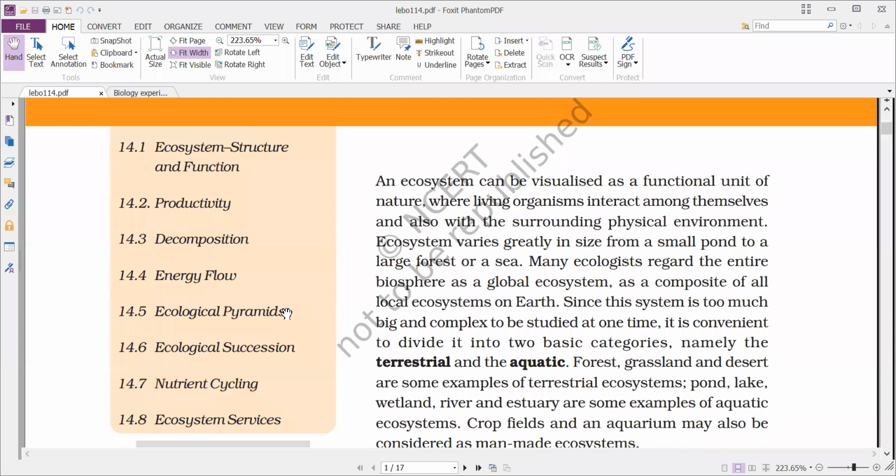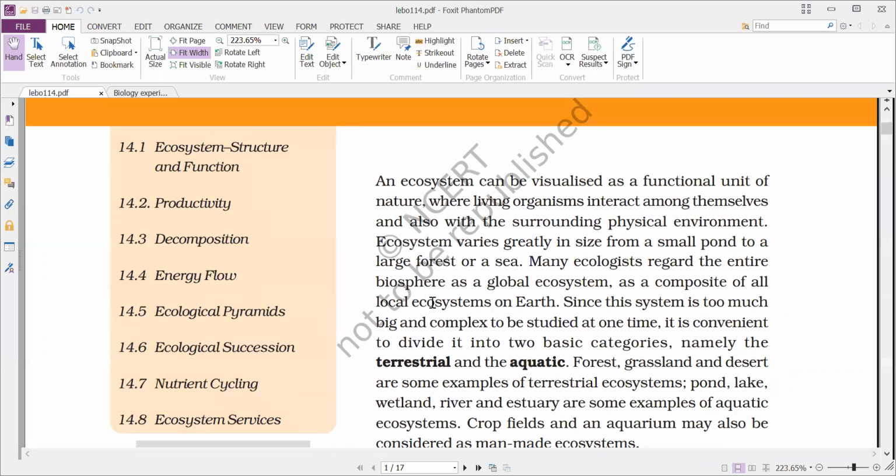These are the different concepts that we'll study under this chapter, ecosystem. So we'll go with the ecosystem. Already you have studied something related to this concept while you were in 9th class and 10th class.